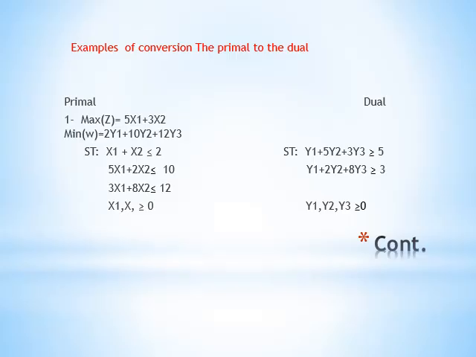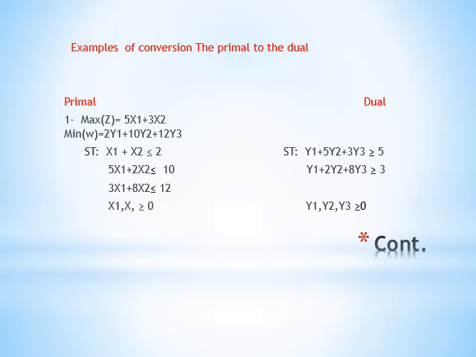So the constraints in the dual equal the variables in the primal, or in the objective function. D'accord? D'accord.